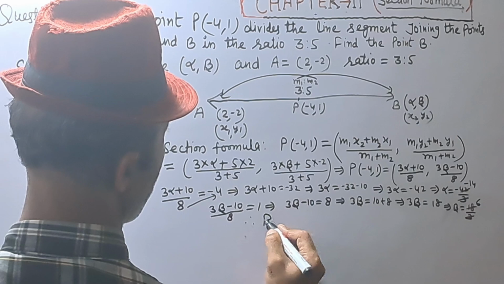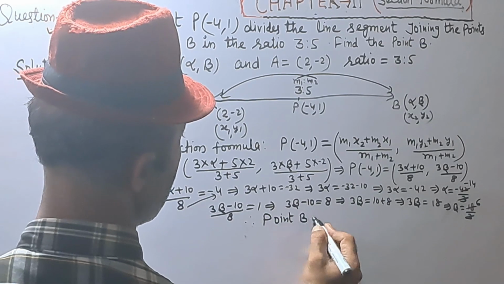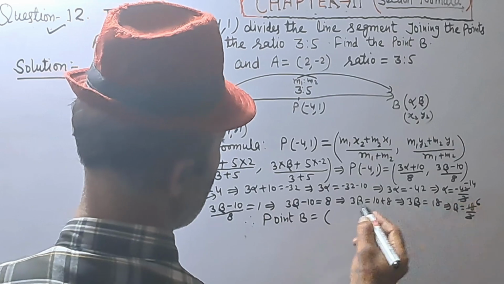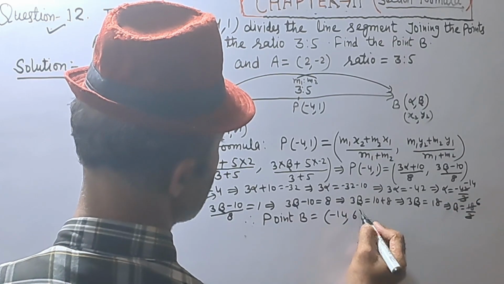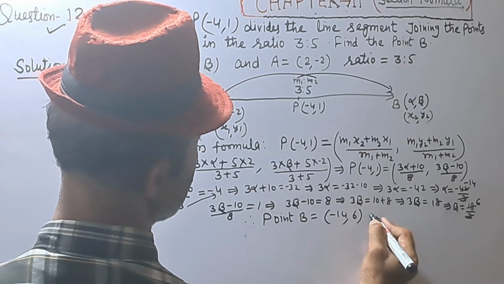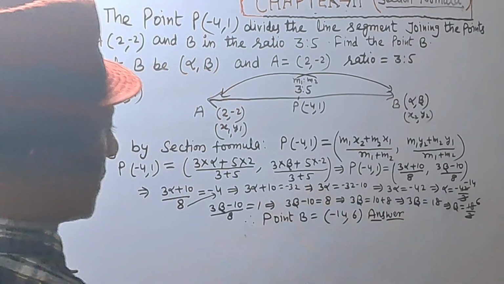So point B is equal to alpha is -14 and beta is 6, that is (-14, 6). Answer.